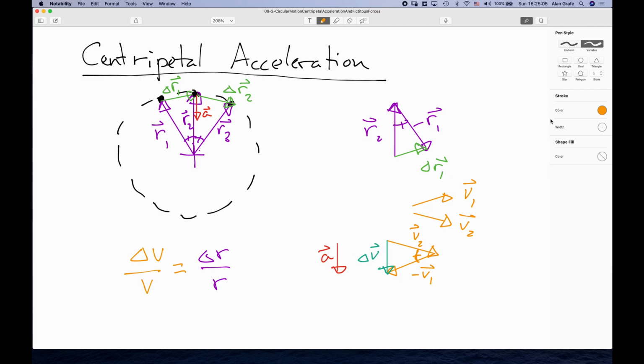Now, if we take a look here at this delta V, we remember that the acceleration is equal to delta V over delta T. So I can rewrite this that delta V is equal to A delta T. And I'm going to stick that in right there.